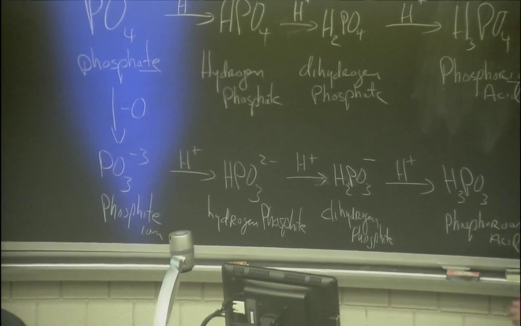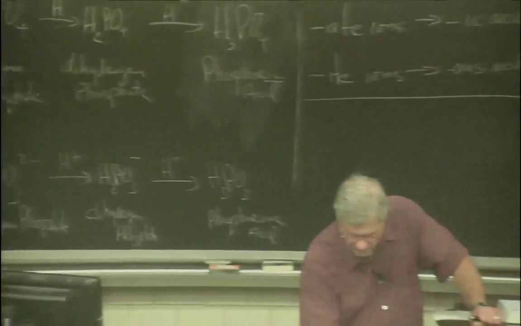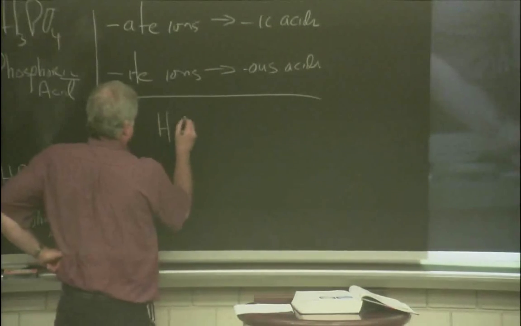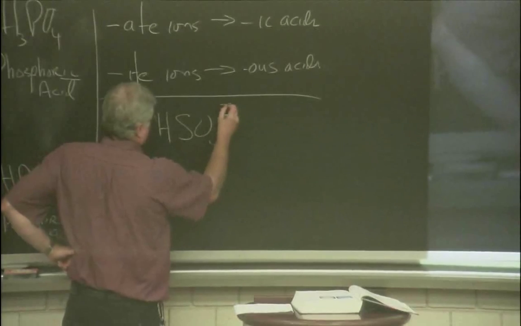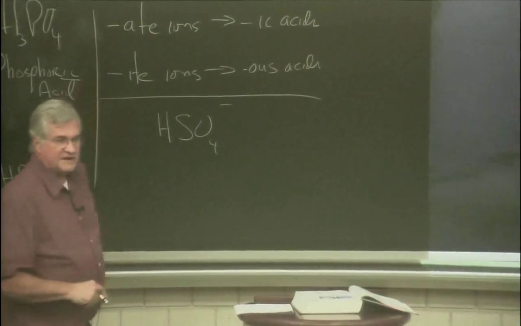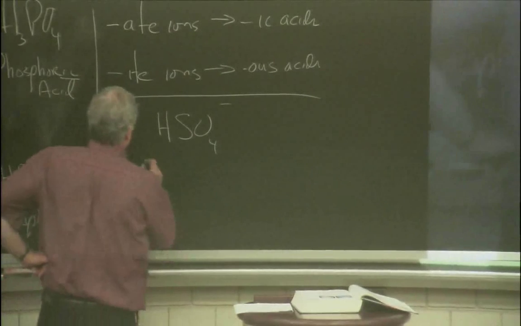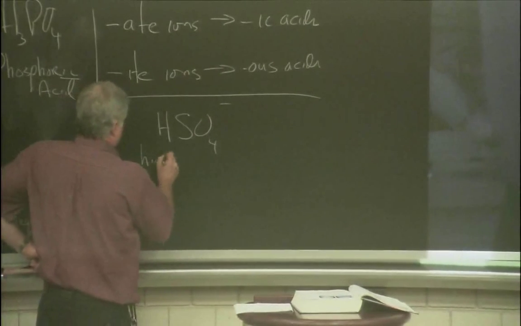Now, let me just give you one more thing here real quick. And that is when you have this guy, what do you think you'd call that guy? Hydrogen sulfate, correct. There's two names for it, though, okay?